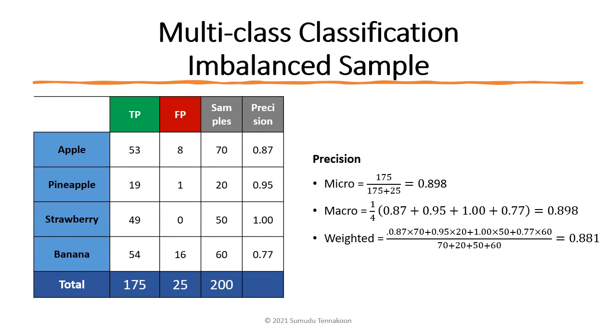The weighted average precision is slightly different: you get 0.881, because it takes the weighted contribution. The higher the number of samples a class has in this data set, the more its precision contributes, and the lower the number of samples, the less it contributes to the weighted average precision computation.